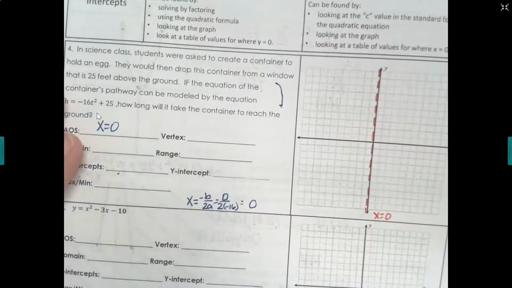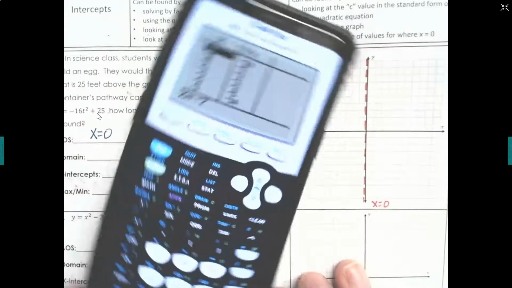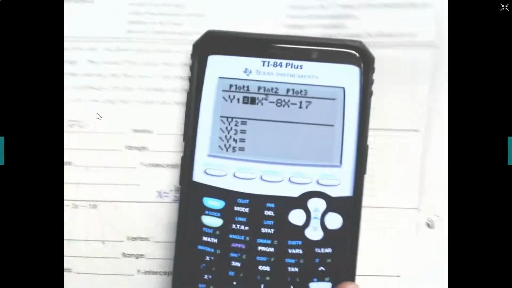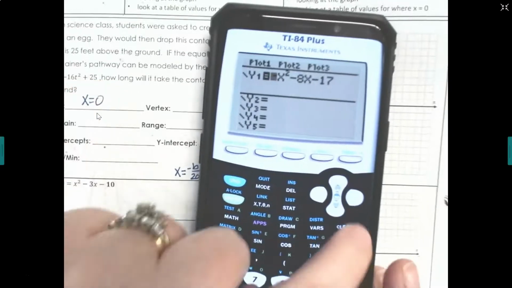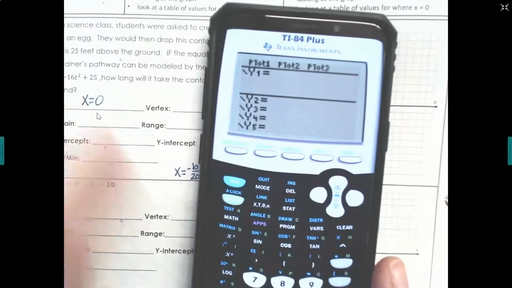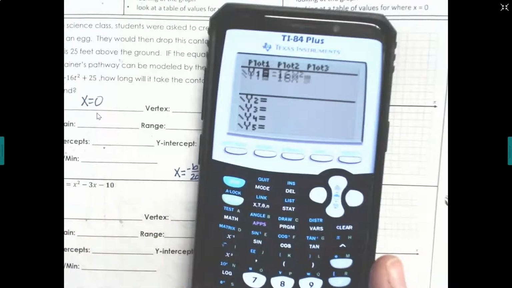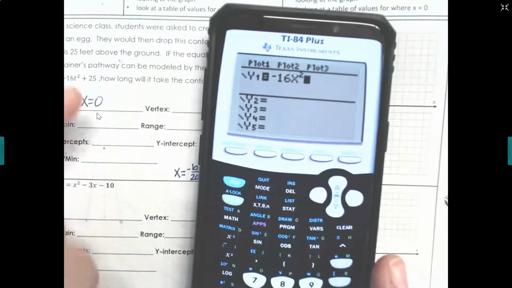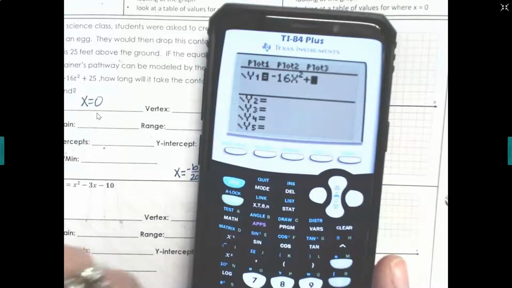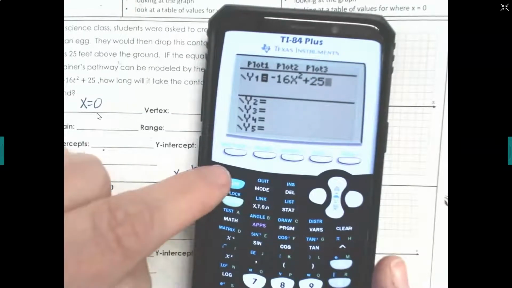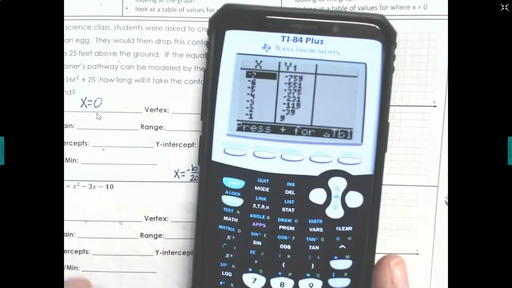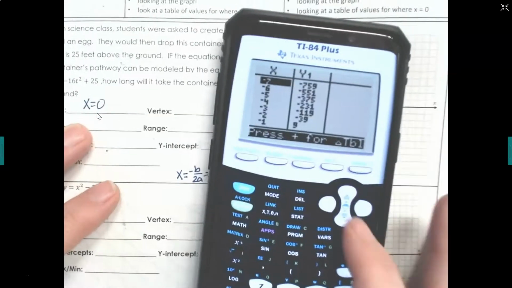Now, this is a real world problem, so let's find our vertex. Go into y equals and put in our equation, clearing anything out that's in there: -16, we don't have t, so just use x squared, plus 25. Then we look at our table of values.